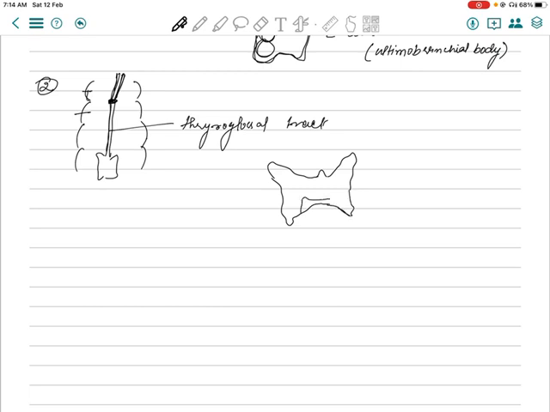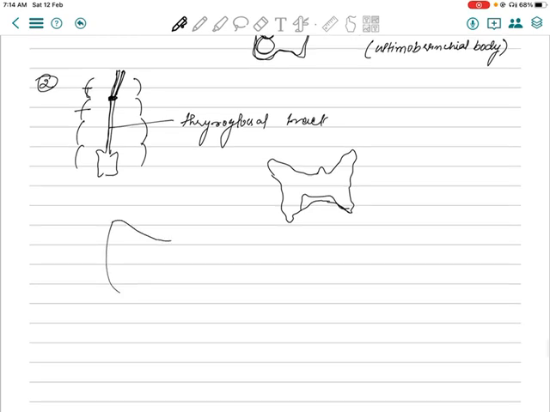It's a butterfly shaped organ. Sometimes the remnant of the thyroglossal tract remains as a pyramidal lobe, and it can give rise to a cyst, which we call a thyroglossal cyst.